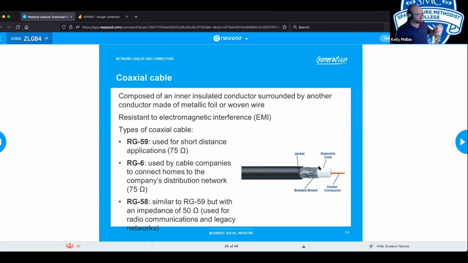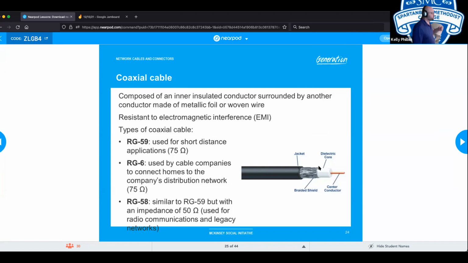So there's a few different types we need to be aware of. You have the RG59, which is used for short distance applications. This is typically internal networking. You have the RG58, which is typically your old school cable TV type connection.